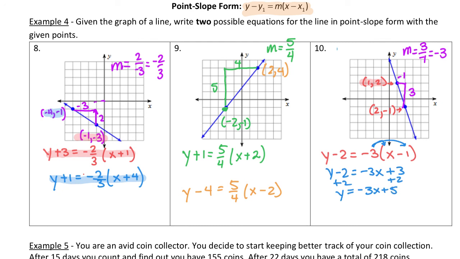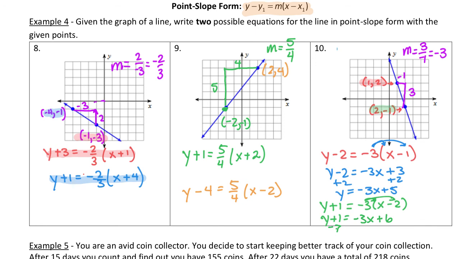Let's try to write an equation for my second point, which is this one. And I'm just going to do that for you. So we get y plus 1 equals negative 3 times x minus 2. Once again, if I distribute that negative 3, I'm going to get y plus 1 equals negative 3x plus 6.